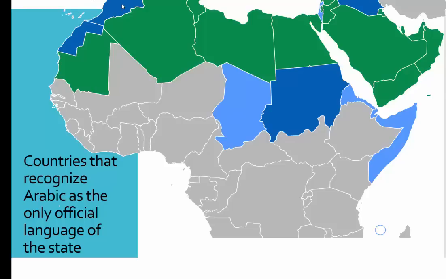If you go to the countries of Morocco or Sudan, there are multiple languages recognized as official state languages, including Arabic, but not only Arabic. So we come back to the point that I make in the textbook. The Arabic language is key to unifying this region.